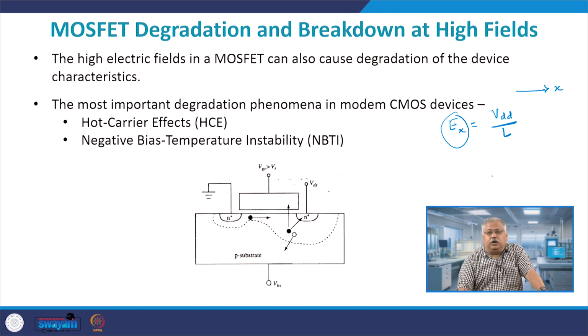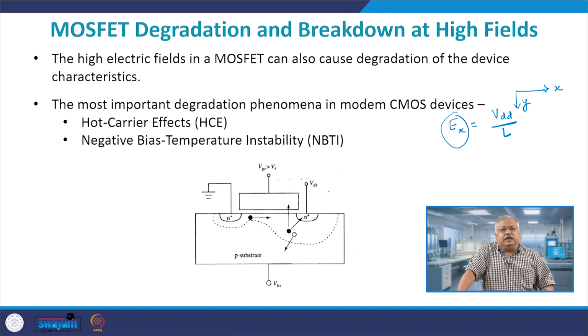Similarly, if you scale down your Tox, the Y direction electric field will increase, right, which means that the net electric field will go on increasing as you go from a higher technology node to a lower technology node.